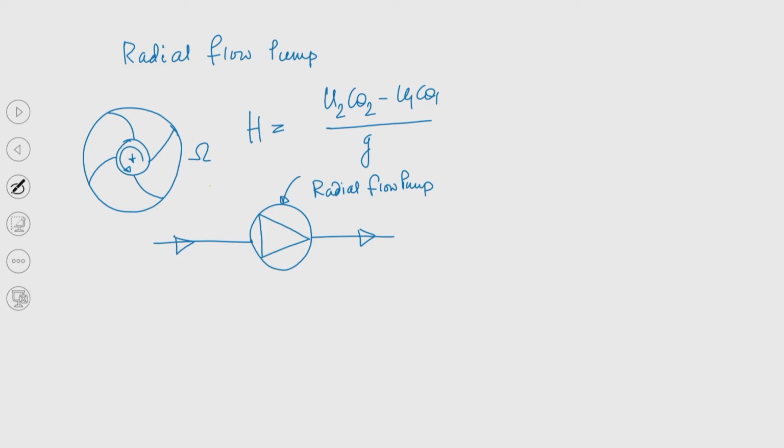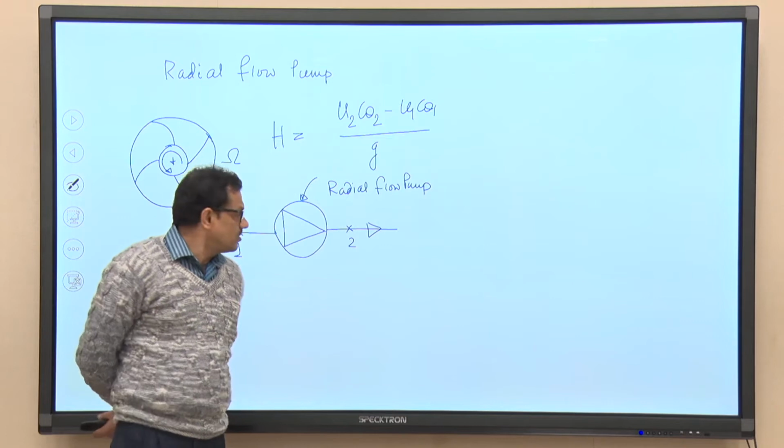Now, if we give name to two different points, say this is point 1 and this is point 2. One is at the inlet to the pump and point 2 is at the outlet of the pump. Okay. So, this pump is driven by, say, an electric motor.